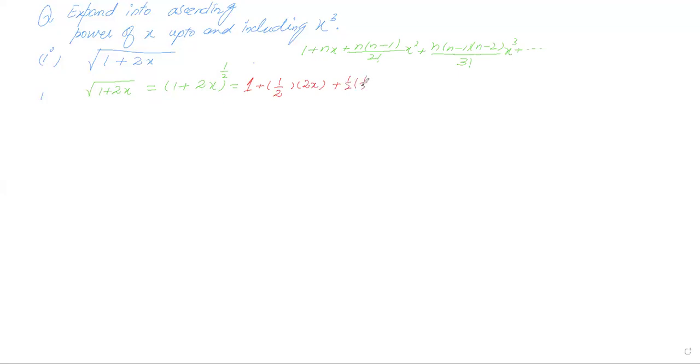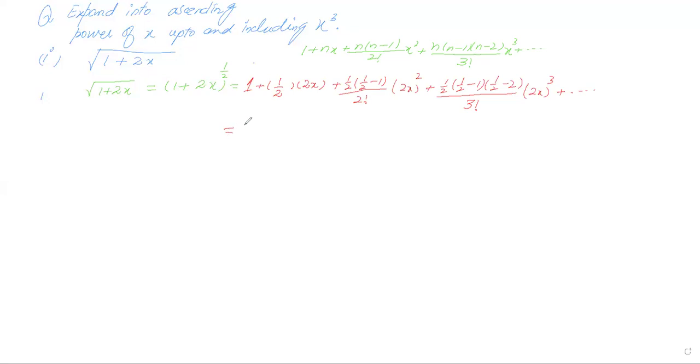N minus 1 means 1 by 2 minus 1, divided by 2 factorial times 2x raised to power 2. And the fourth term will include the x cube, and we have to stay up to here, x cube. So 1 by 2 times 1 by 2 minus 1, 1 by 2 minus 2, divided by 3 factorial, and for x cube we have 2x raised to power 3, plus so on.